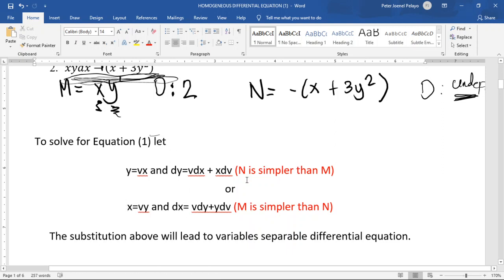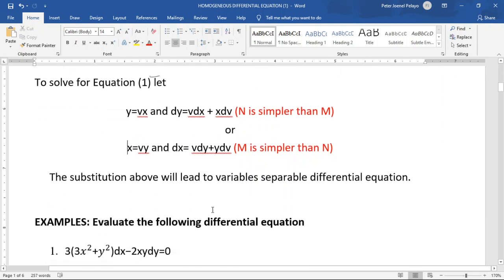So, pag sinubstitute natin siya, at pag hindi ka nagkamali, yung homogeneous equation natin will turn into a separable differential equation. So, variable separable siya, which is yung first topic natin, separation of variables. So, ganun lang yung parang mangyayari.